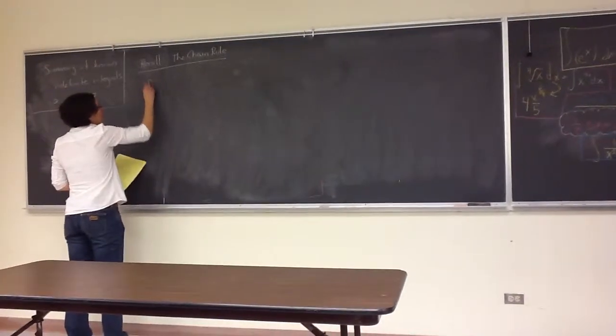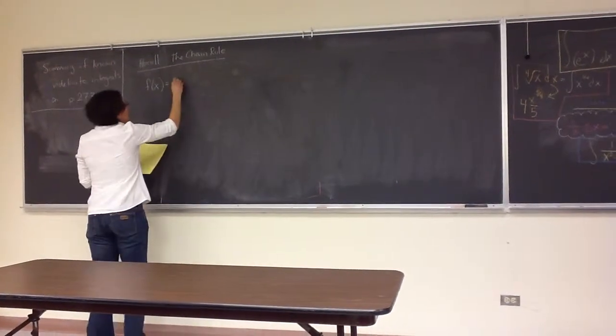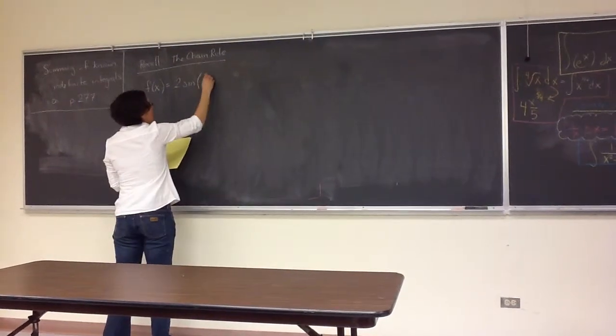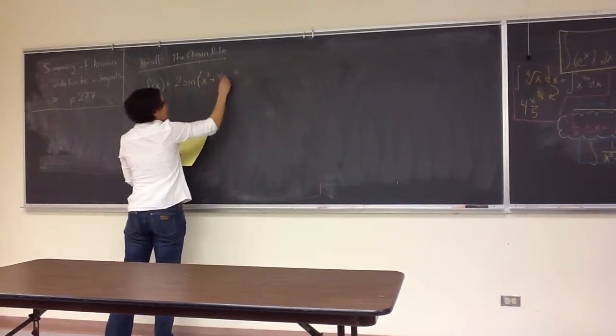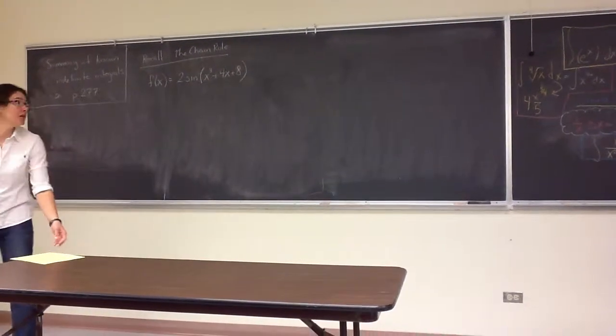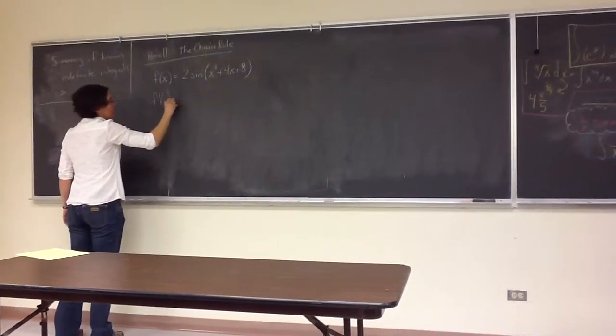So the chain rule from Calc 1: if you have a function f of x equal to 2 times the sine of x cubed plus 4x plus 8, and you were asked to calculate the derivative.